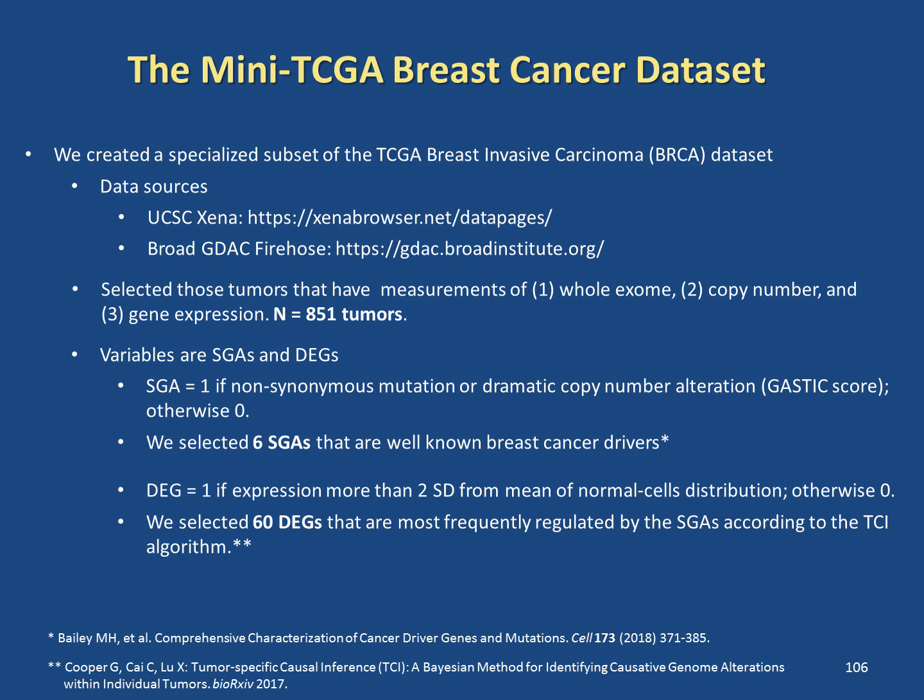But for the purposes of illustration, to make it easier to look at the graphs, we selected 6 SGAs that are well known to be breast cancer drivers. And for the DEGs, we used a program that we've developed called TCI that finds associations between SGAs and DEGs.